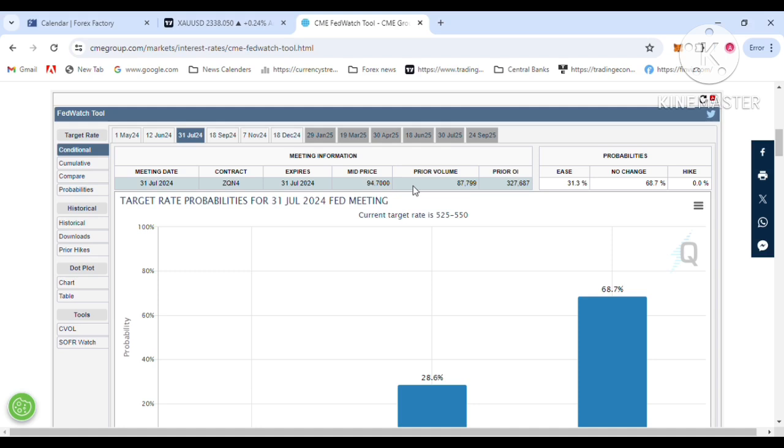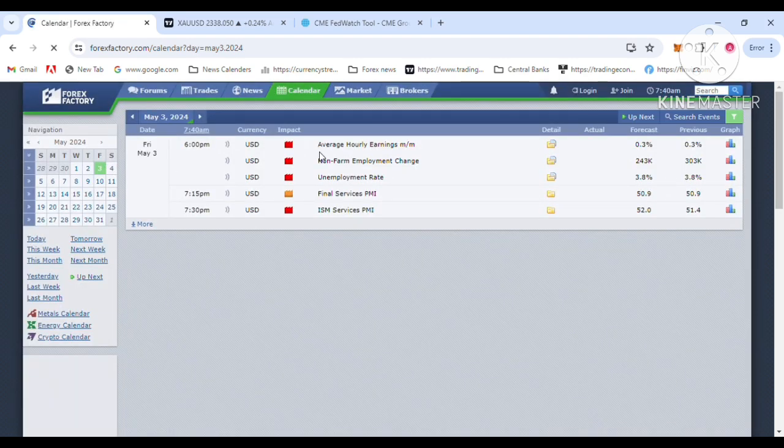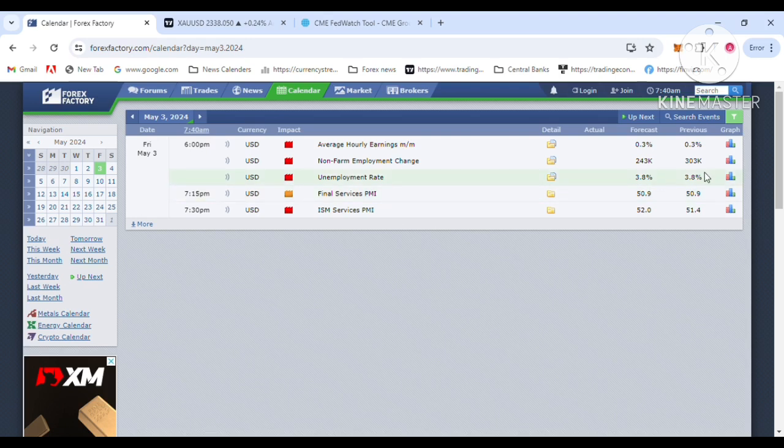So I am hoping next week with the FOMC meeting and the Fed conference speech, the dollar will be in demand. That is the economic event you should watch with the dollar if you are trading gold. Also, another more volatile economic event is the non-farm employment change data, next Friday. 303k is the last figure.